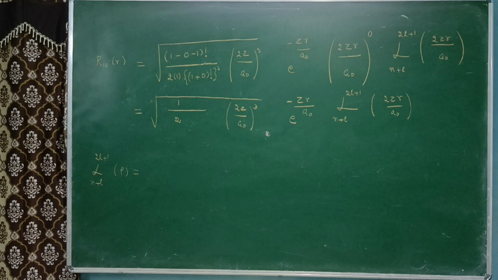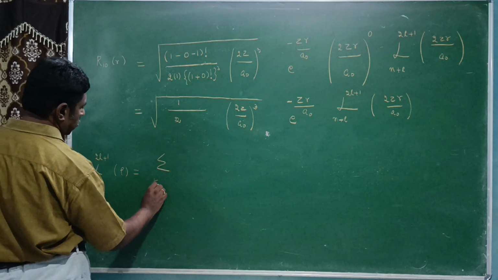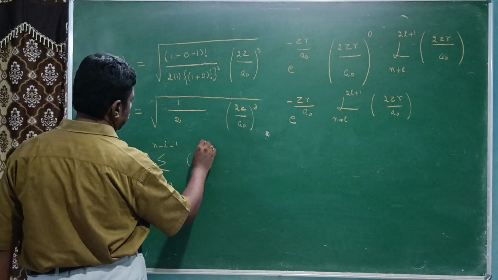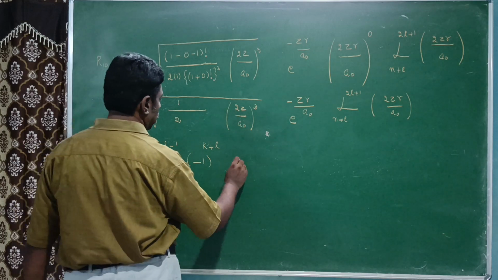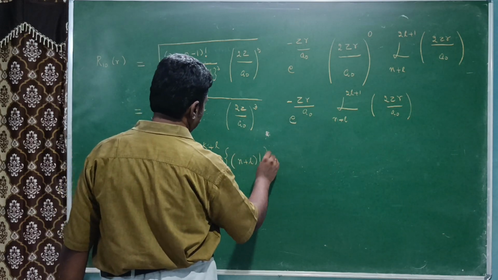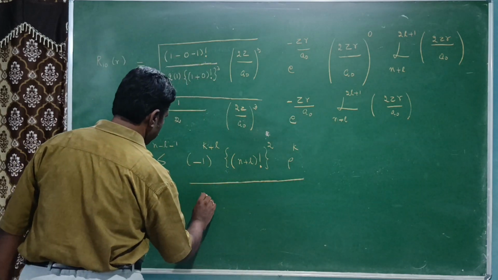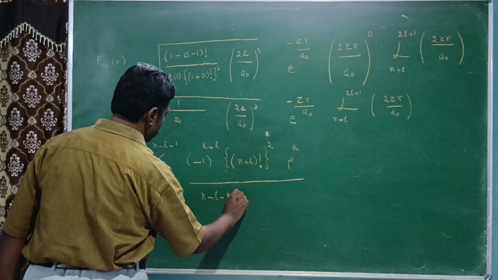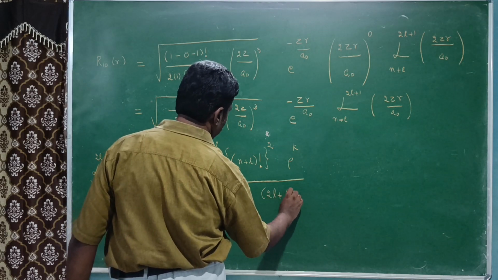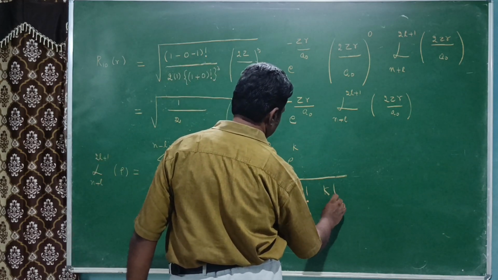Now we have to write the value of the polynomial. This Laguerre polynomial value is summation over k equal to 0 to n minus l minus 1, minus 1 power k plus l, here n plus l factorial whole square, rho power k, whole divided by n minus l minus k minus 1 factorial, 2l plus 1 plus k factorial, into k factorial.